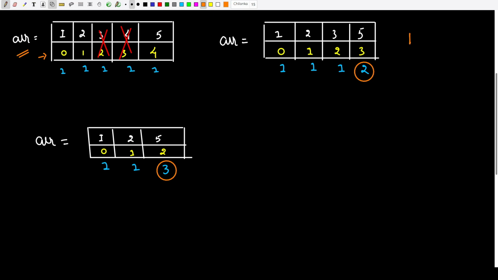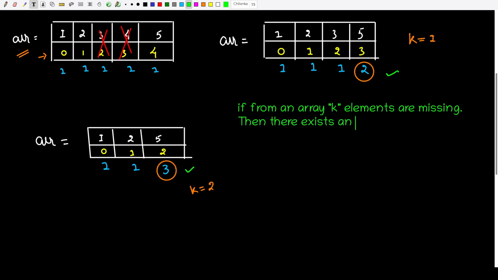And folks, over here k was equal to 1 since one element was missing. And over here k is equal to 2 since 2 elements were missing. And to generalize this, we can say that if from an array k elements are missing, then there exists an element such that ARR[I] minus I is greater than k.